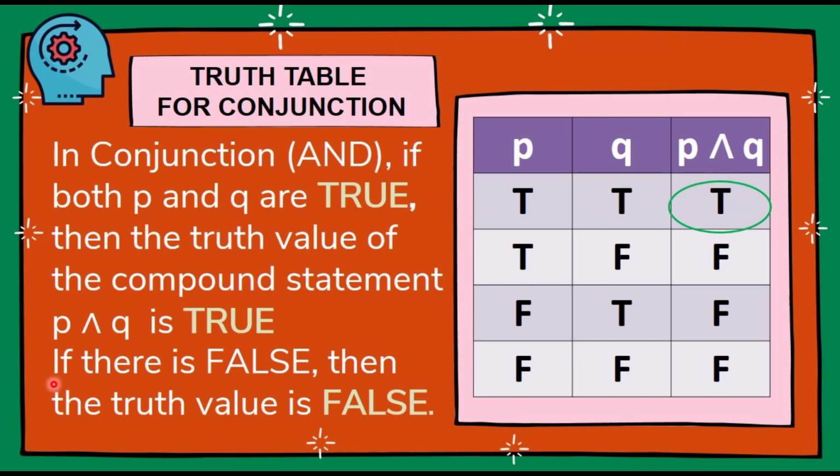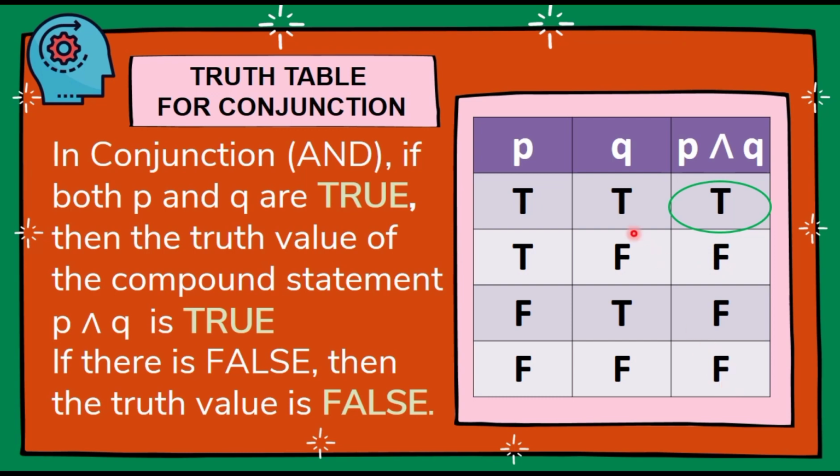Next, if there is a false, then the truth value is false. The second rule states that if you find any value of false in P and Q, then automatically the P and Q is false.